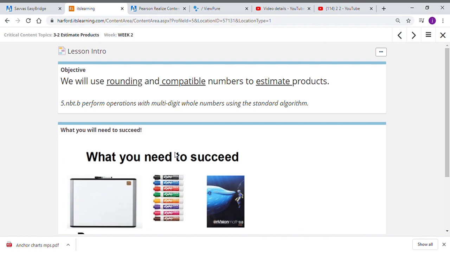Here are some of the things you're going to know how to do by the end of this lesson, and vocabulary to help guide you in that process. Rounding: you've been rounding since first grade, but we'll do a quick review in case you need to remember how to do it. Compatible numbers are numbers that are a good approximation to the exact number that will give us a reasonable estimate.